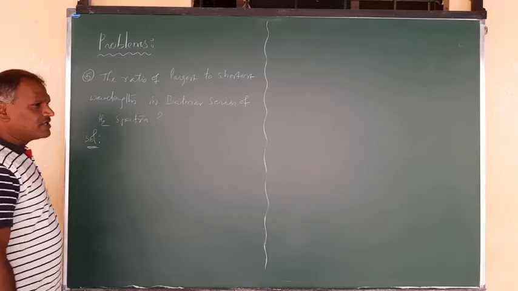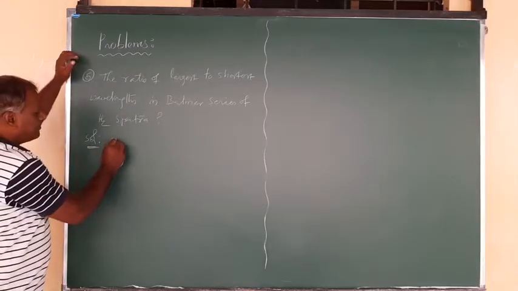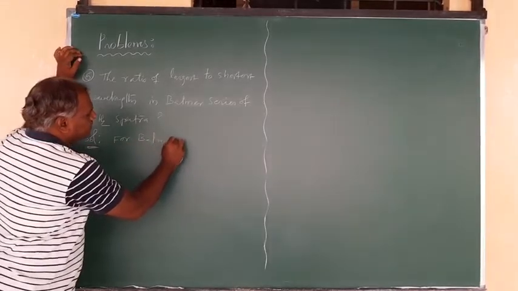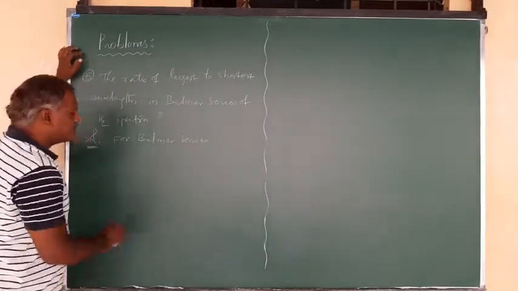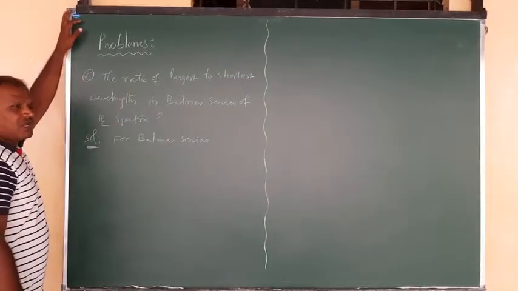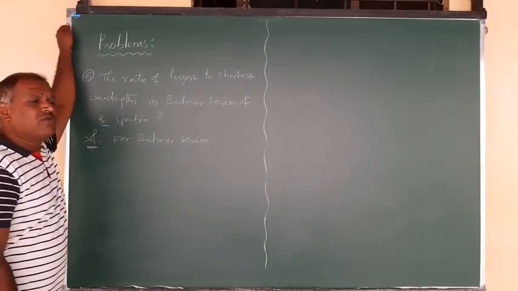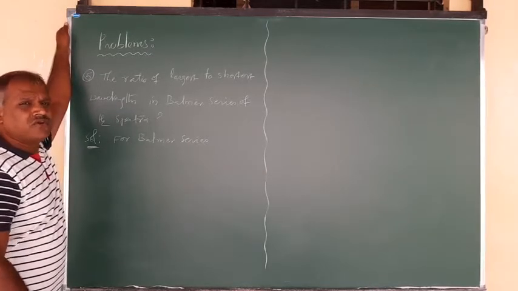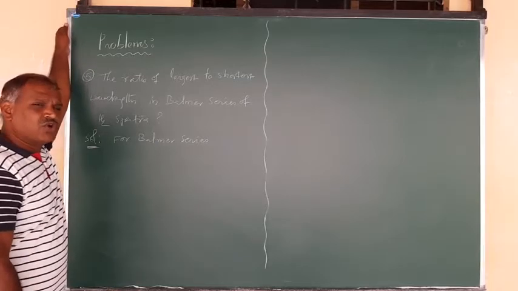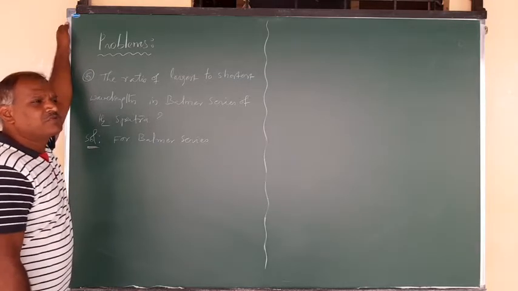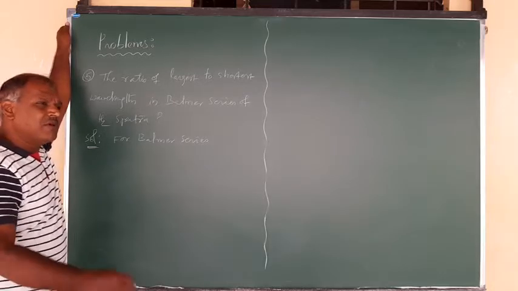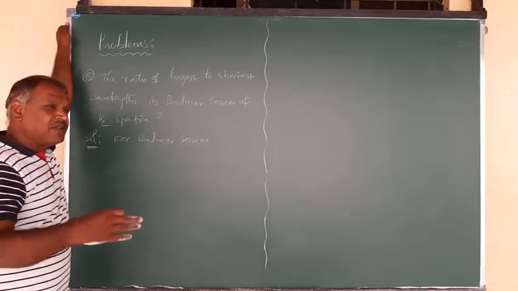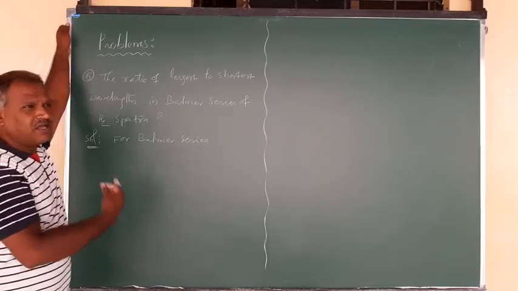So you can write here, for Balmer series, for lambda max. So for lambda max, the wave number should be minimum. When it is minimum, it is for the first line itself, that is for n is equal to 2, n is equal to 3, where 1 by lambda value is minimum. So 1 by lambda value is minimum means lambda value is maximum, which is the maximum wavelength.